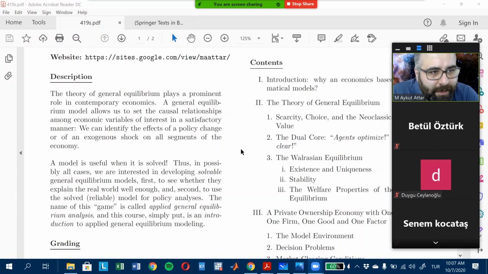Why are we doing that? Why are we interested in equilibrium in all markets? Because we know that these markets are connected through several mechanisms. The most obvious one is that goods and services are substitutes and complementary to each other, right? There are several goods that are complements of one good.